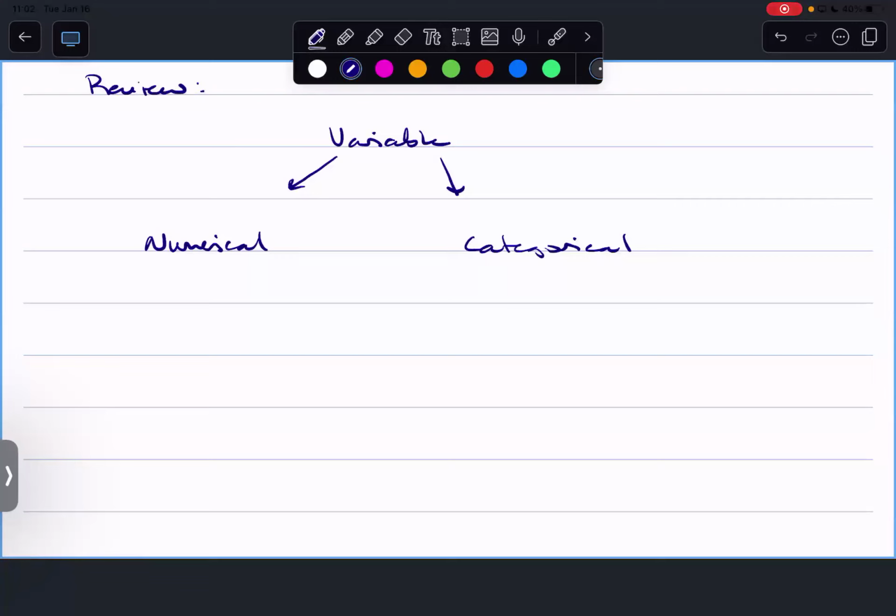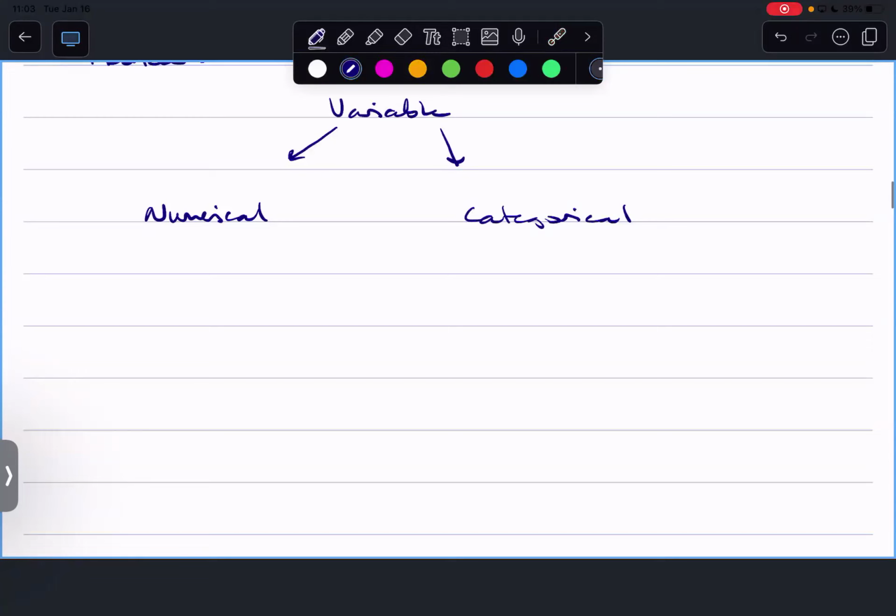What we're going to do in chapter 2 is talk about how we can visualize and how we can summarize each of these variables. It's very important that we be able to determine what type of variable it is, because how we visualize it and how we summarize it depends on what type of variable we have.